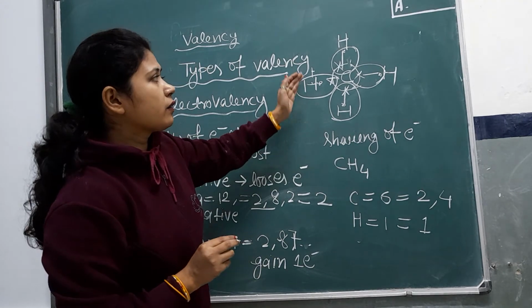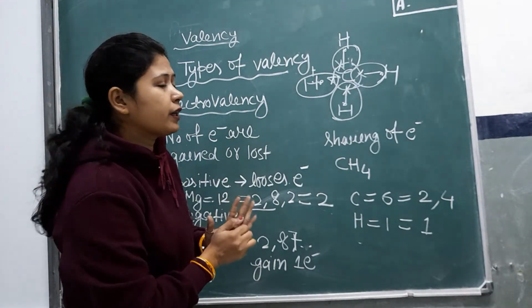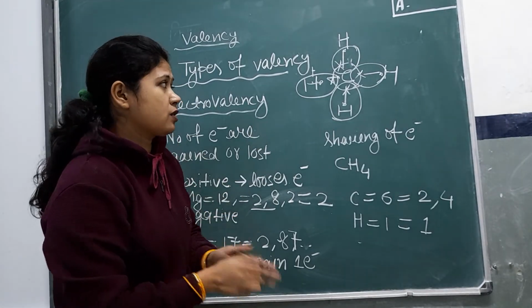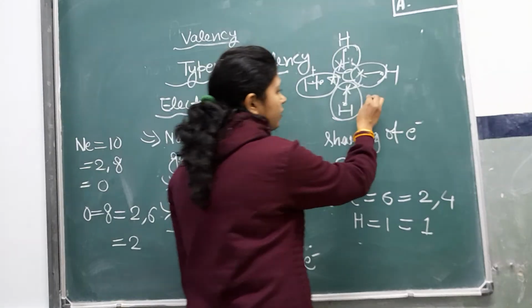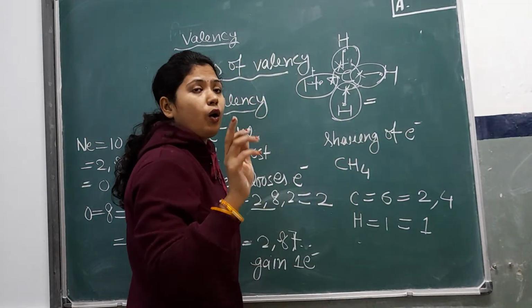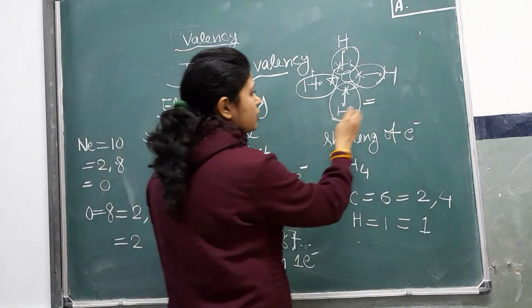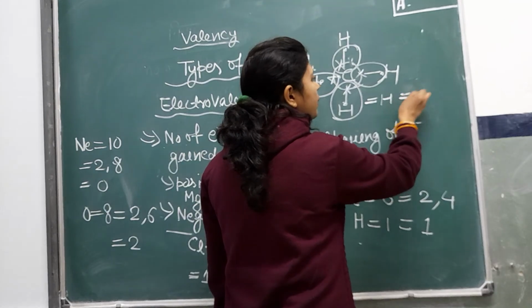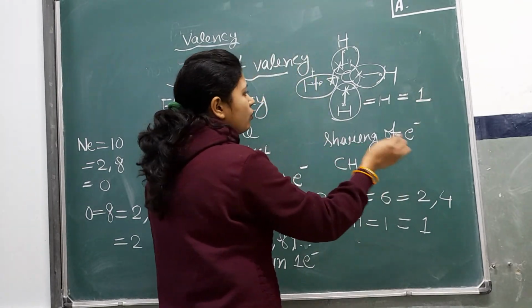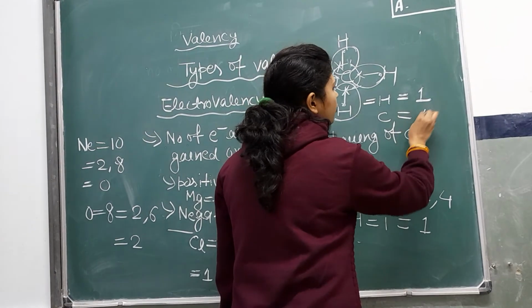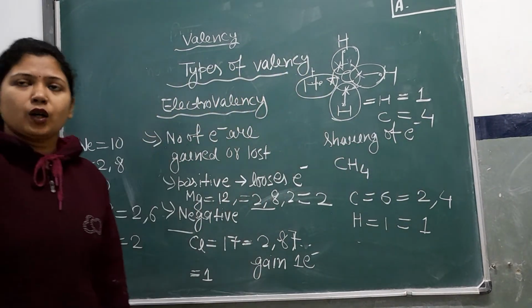In this way, they both complete their octet by sharing electrons. And in this, the covalency of hydrogen will be 1 and the covalency of carbon will be 4.